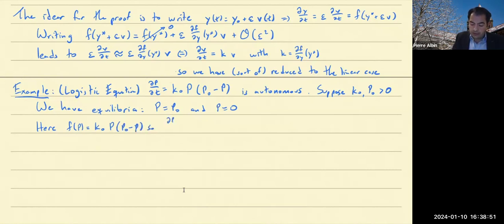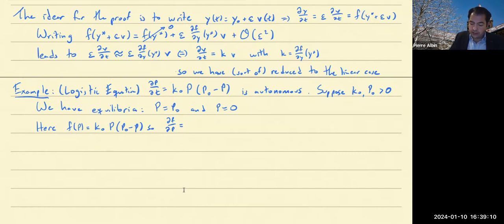So the derivative of f with respect to p: notice that you take the derivative not with respect to t, the independent variable, but with respect to p in this case, or y in our usual notation. You take the derivative with respect to the dependent variable.